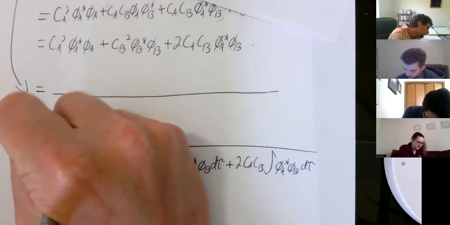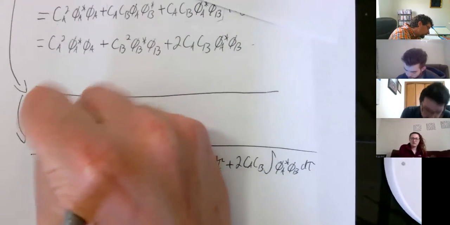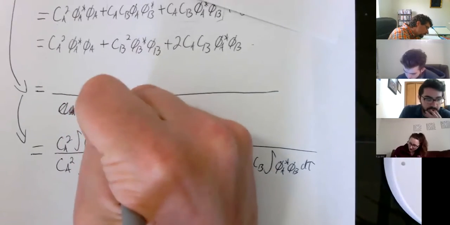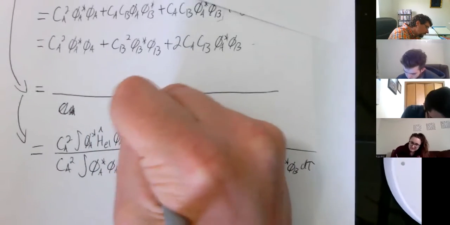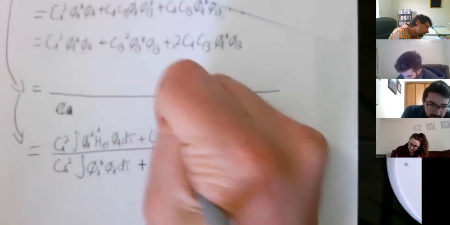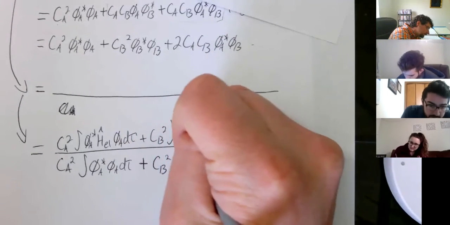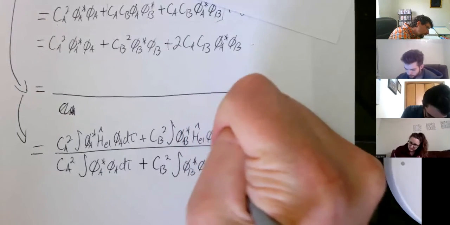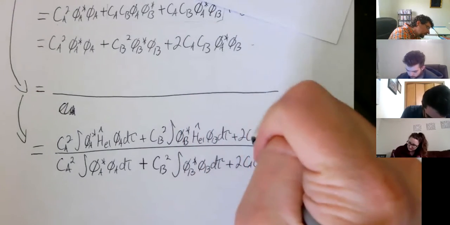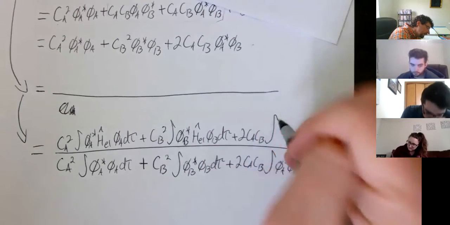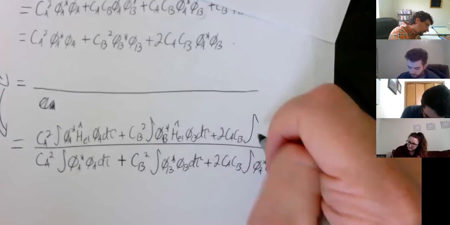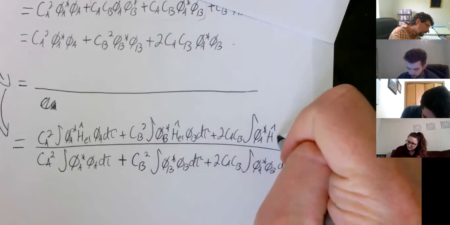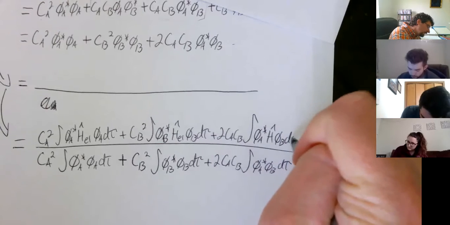So it's the integral of A star H hat A d tau, plus CB squared integral of B star H hat B d tau, plus 2 CA CB integral of A star H hat B d tau.